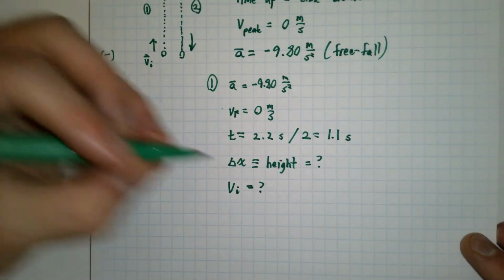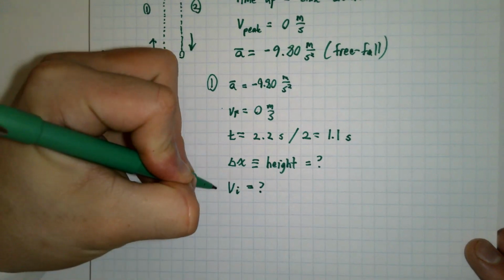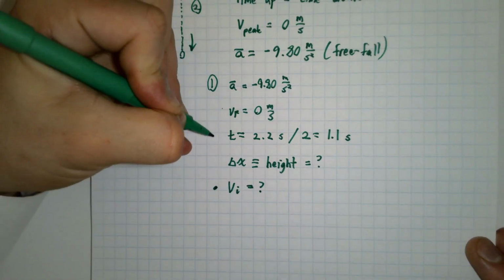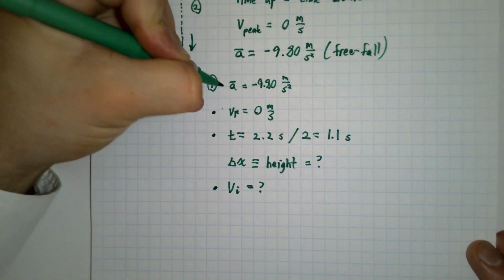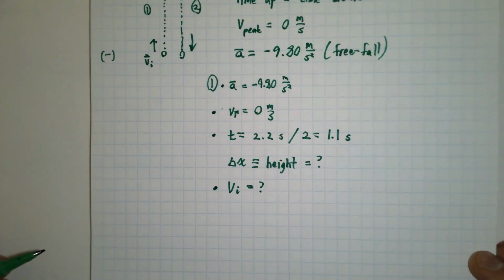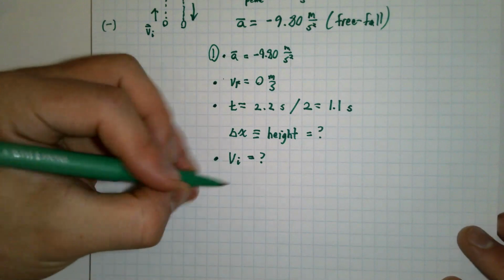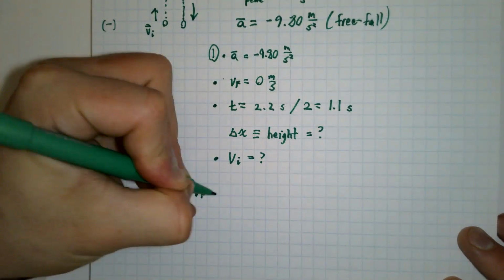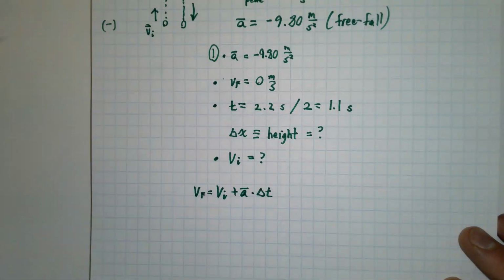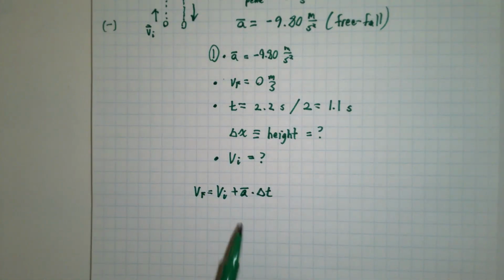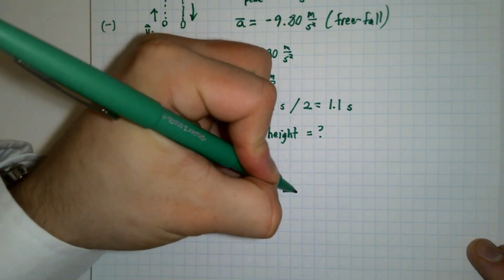So let's look at an equation that relates initial velocity, time, final velocity, and acceleration. We have one that would be our first kinematics equation. The final velocity equals the initial velocity, plus the average acceleration times the change in time that acceleration occurred. We apply that to our case.